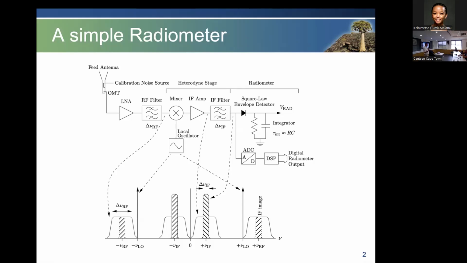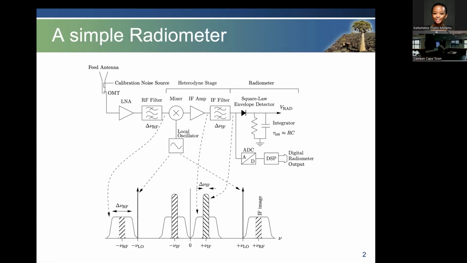So you can use a diode to square a voltage in a simple circuit: a diode, a resistor, and a capacitor. The voltage that comes out of that circuit is proportional to voltage squared on the input, which means it's proportional to power. You record that signal, and that's a radio telescope.